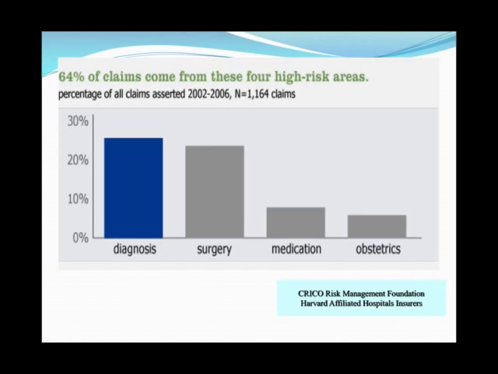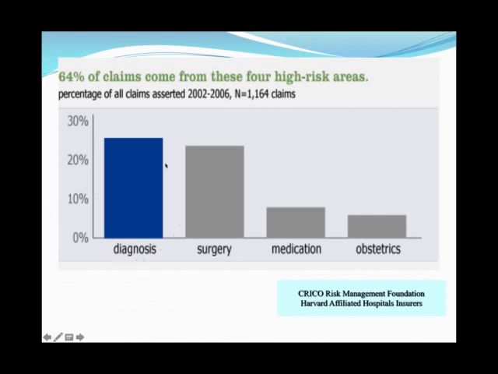These are people that are unhappy with something that has been done, and they are suing the doctor or the hospital because of some problem that the patient thinks happened.